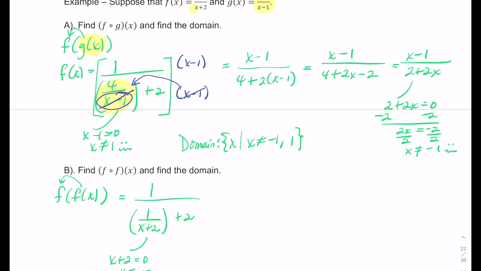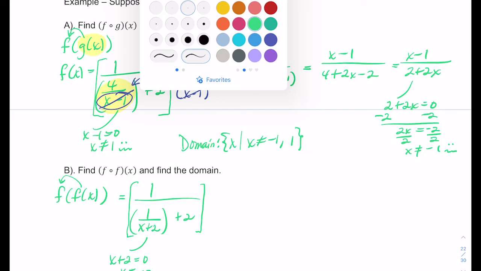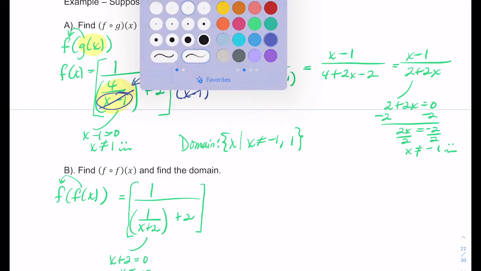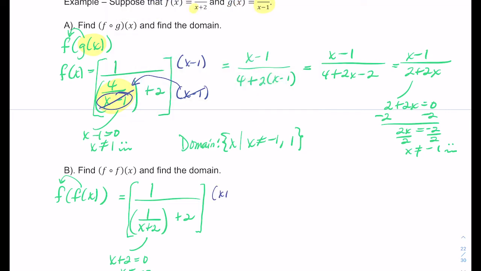And I also know that I need to simplify this now. So I'm going to multiply the top and the bottom by what? If you said x plus 2, you'd be correct. Okay, again, it's whatever the denominator is. So now you're going to multiply the top and the bottom by x plus 2.